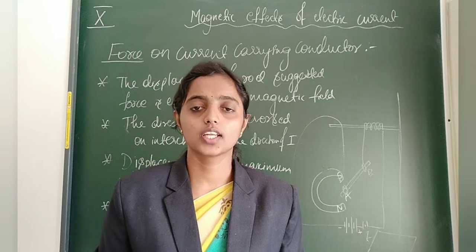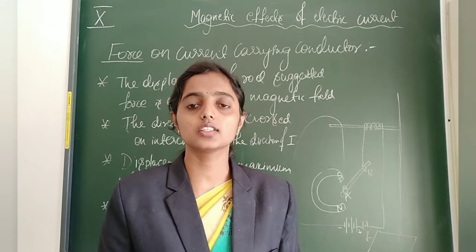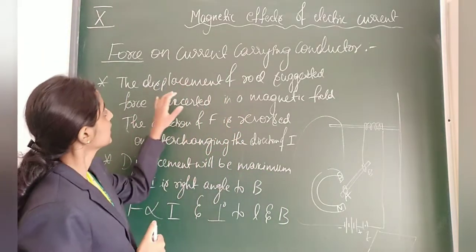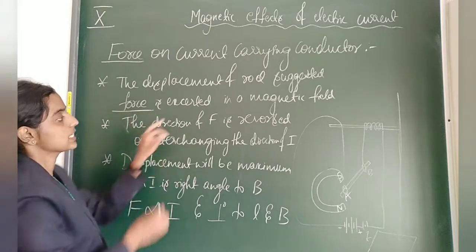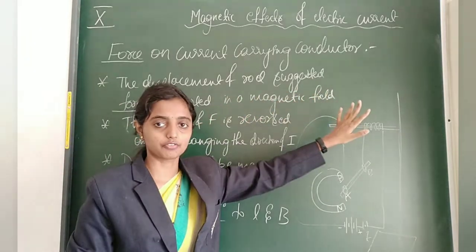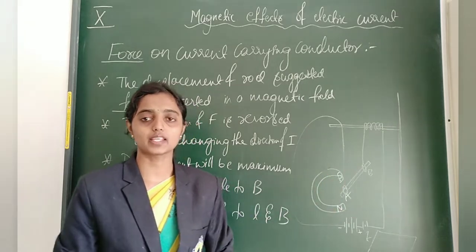Now I hope you got a clear picture about this activity. From this activity we can learn these points. The first one is that the displacement of the rod suggests a force is exerted in a magnetic field. This displacement shows the force is exerted in this magnetic field, right?